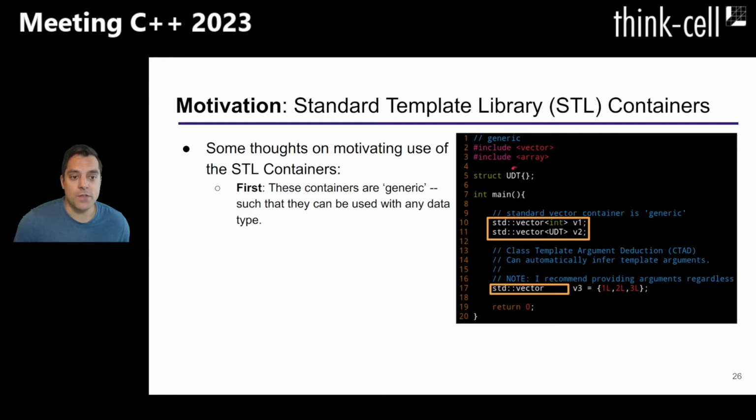Or I can create my own user-defined type here, UDT, and also use that. It's just as simple as populating the parameterized template here. And that's really it. And of course, you can take advantage of the CTAD, class template argument deduction, to just populate data if you're not exactly sure. And C++ will usually do a pretty good job of figuring it out, though I recommend usually putting in the type here. So anyways, with containers, they're generic, meaning you can use them with, well, any data type that you come up with.